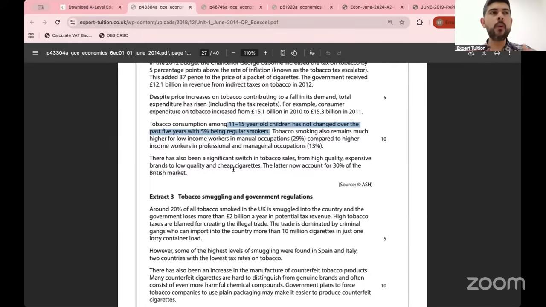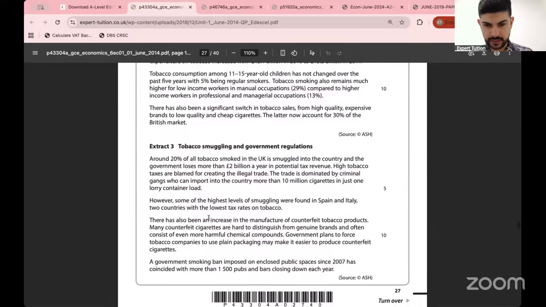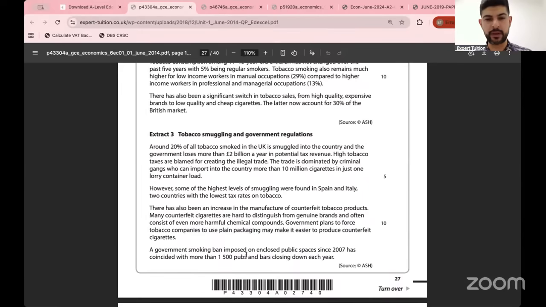But the problem with plain packaging is that it would make it far easier to produce counterfeit cigarettes. It says here, the government's plans to force tobacco companies to use plain packaging may make it easier to produce counterfeit cigarettes. So that's an unintended consequence. The last one is this: the smoking ban led to 1,500 pubs and bars closing down each year. That's an unintended consequence as well.